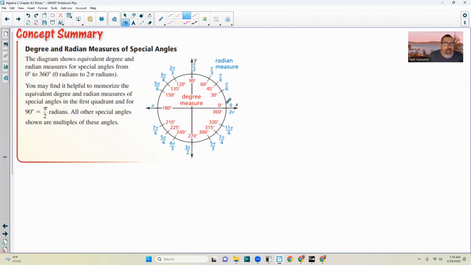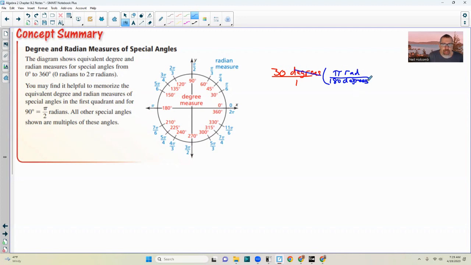Now when we switch to radians, 30 degrees is pi over 6. How did they get that? Well, if we say 30 degrees over 1 and we multiply it by pi radians over 180 degrees, it's really easy. You put the 180 degrees in the denominator if degrees is in the numerator, and pi radians in the numerator.